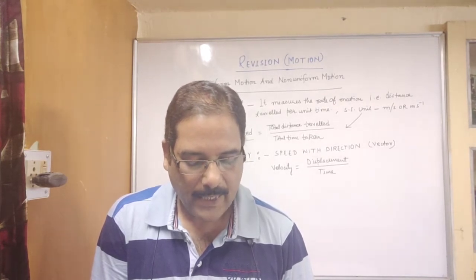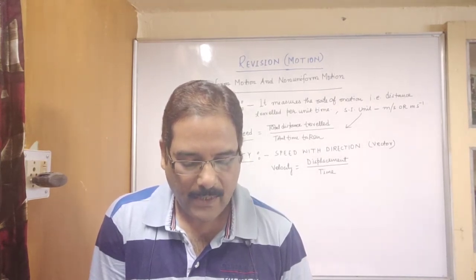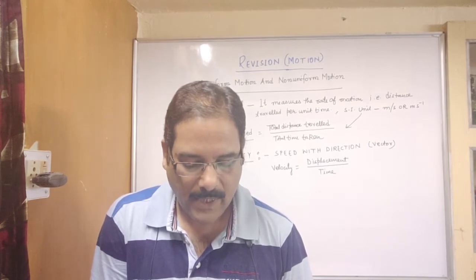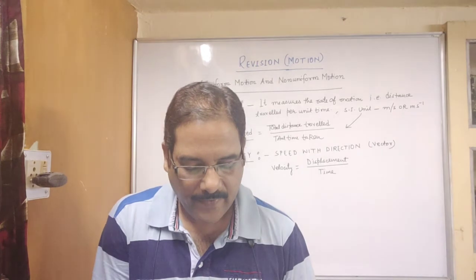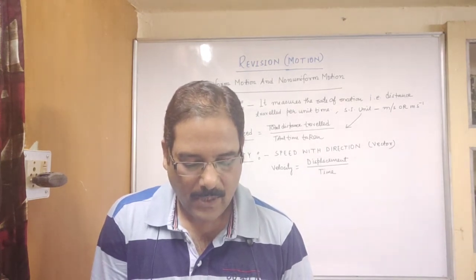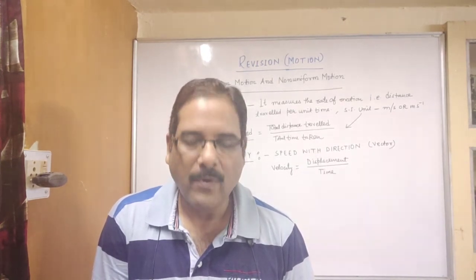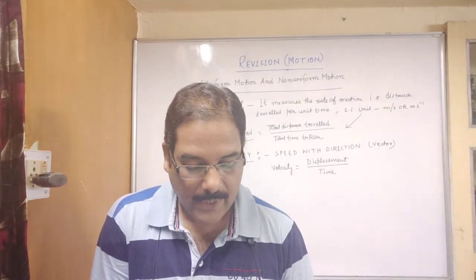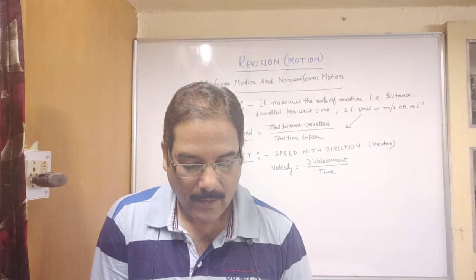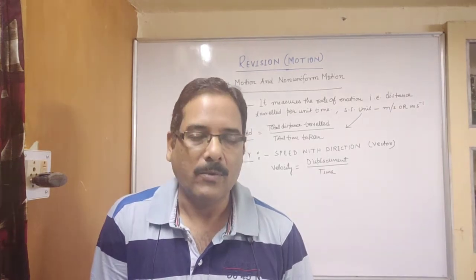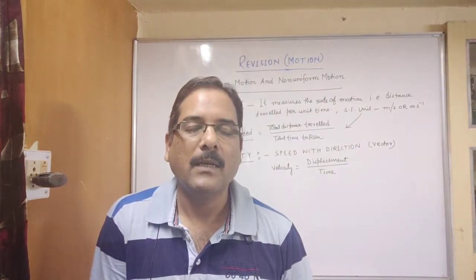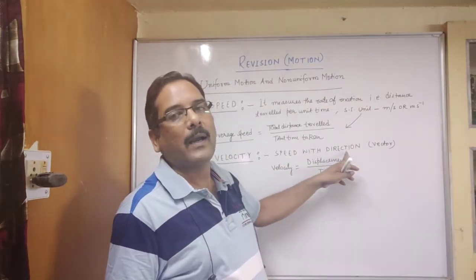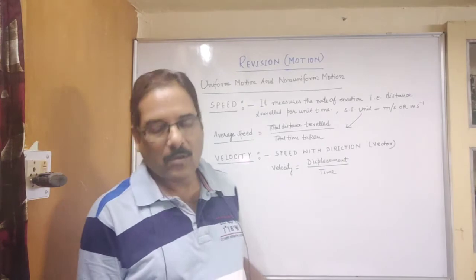The quantity that specifies both these aspects is called velocity. Velocity is the speed of an object moving in a definite direction. The velocity of an object can be uniform or variable. It can be changed by changing the object's speed, direction of motion, or both. So we can change velocity either by changing the speed or the direction or both.